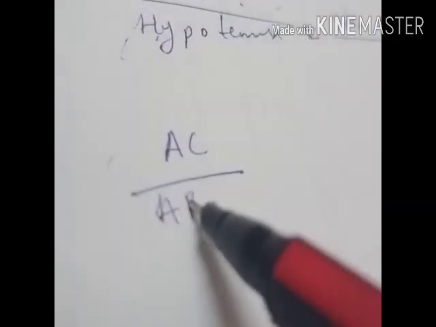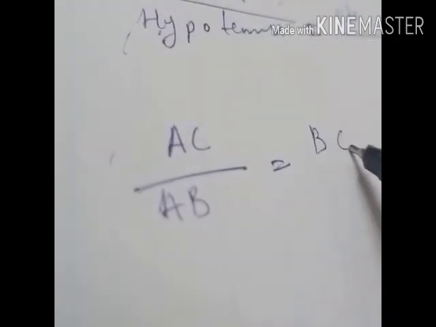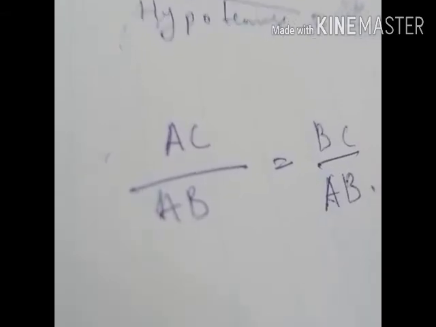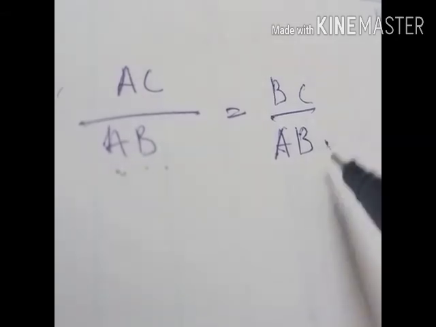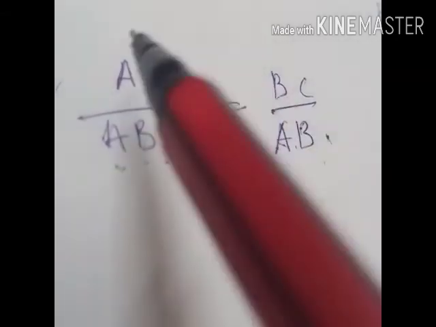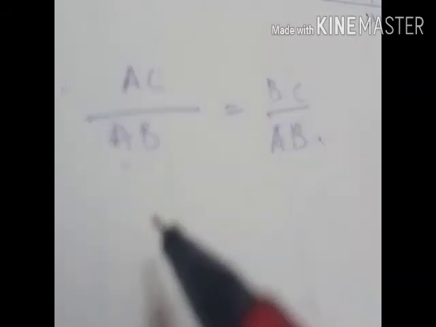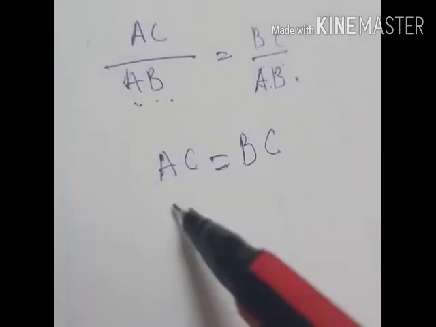So AC by AB equal BC by AB. In this equation, both LHS and RHS have the denominator AB, so we can say AC and BC are also equal. So AC equal BC.